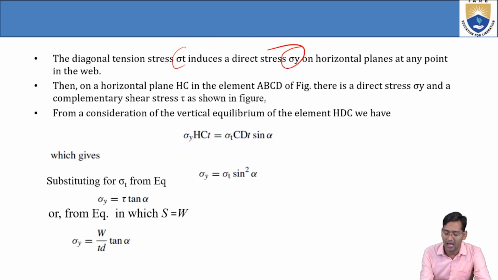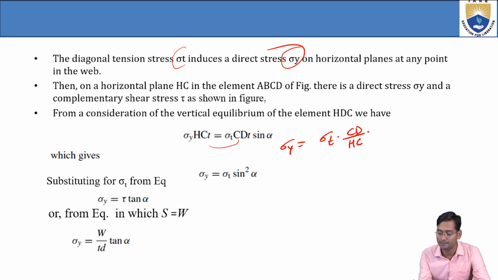So after substituting, what do you get? First, sigma Y equals to sigma T into CD by HC into T by T sine alpha. So this T cancels. So what we have is sigma T into CD by HC into sine alpha.